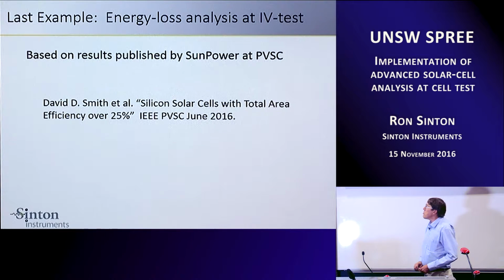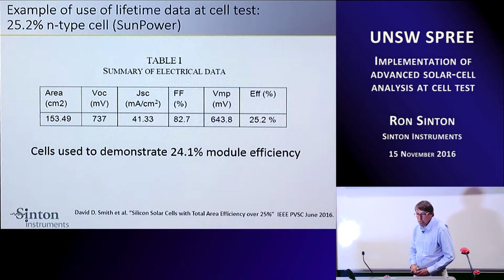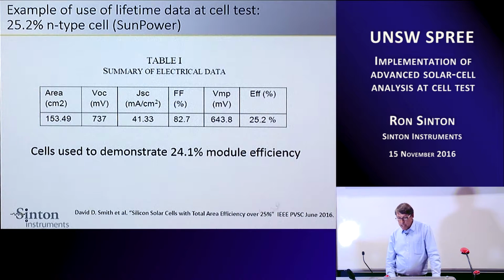So the last example, I took some slides from a presentation by Dave Smith at the IEEE. And what they presented were some 25.2% N-type full area solar cells. And they had used these to make a 24.1% module.